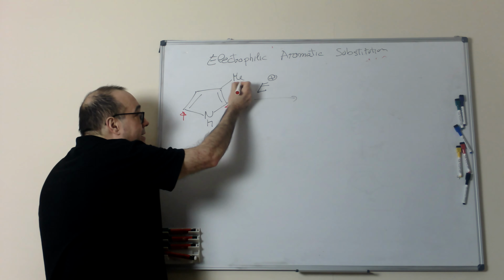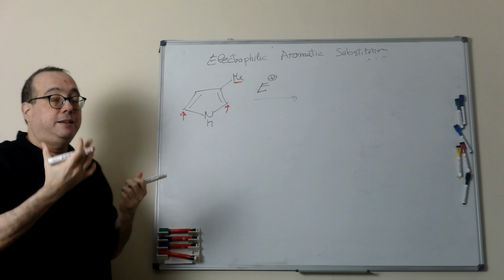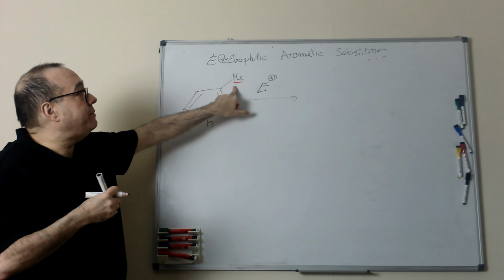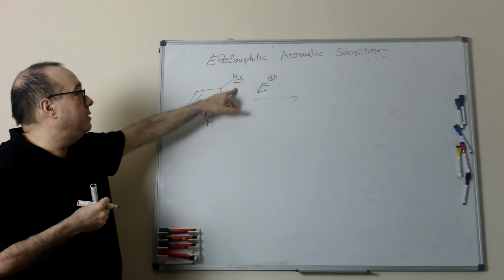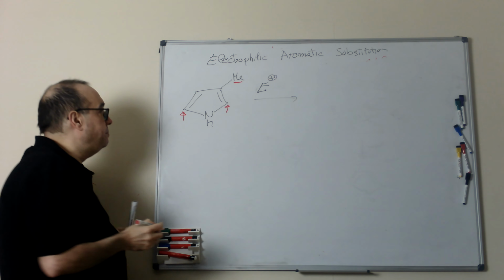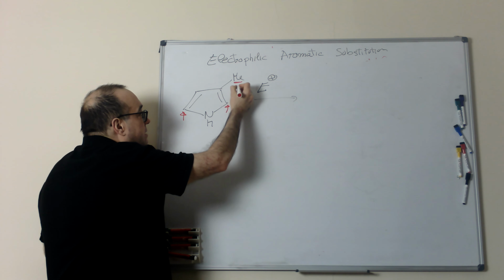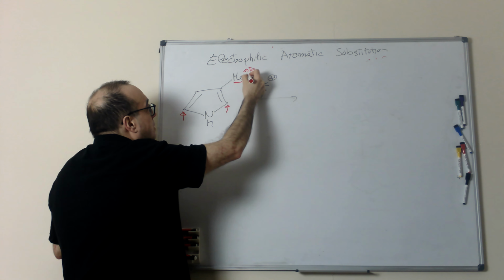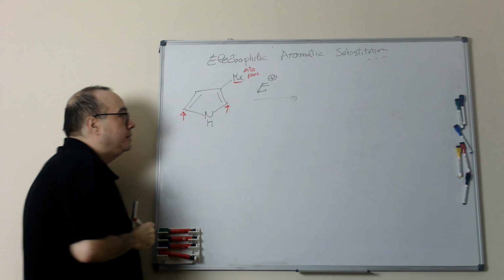For example, this methyl is activating the electrophilic aromatic substitution by induction. That means that this will orientate in the benzene ortho para. Okay?